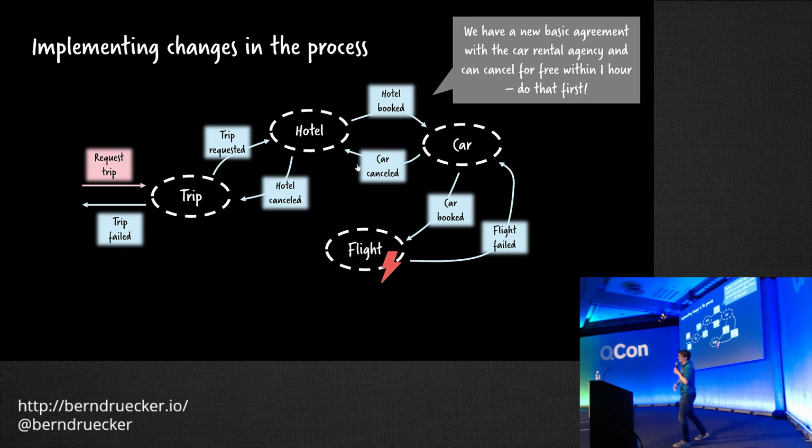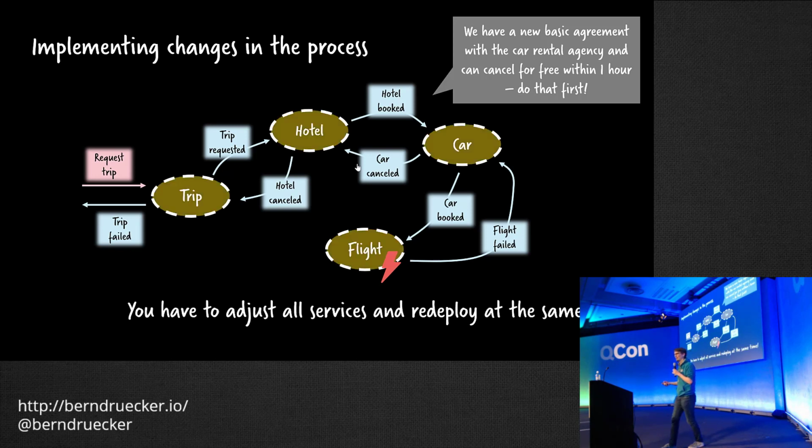And probably canceling the hotel is free, so you do it at the very beginning. Now imagine you do a good deal with some car rental agency, and the business requirement is to book the car first. I don't do that experiment now, but you can do it in your head, which event subscriptions you have to change in order to get going.